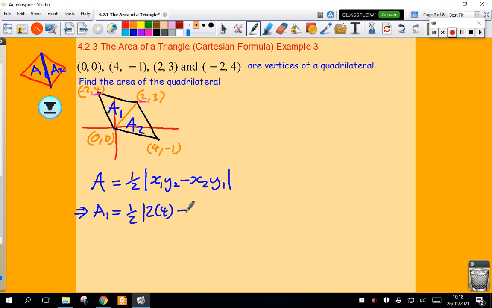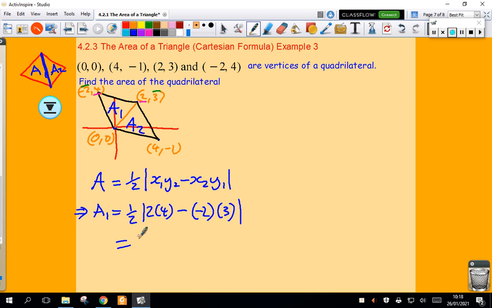Minus, and then I'm going to look at my second x coordinate times my first y coordinate, that's -2 times 3. Watch out for the negative here, so minus, I'm going to make sure to put that in brackets, -2 times 3. You can actually type that straight into your calculator, including the absolute value brackets, ABS on your calculator.